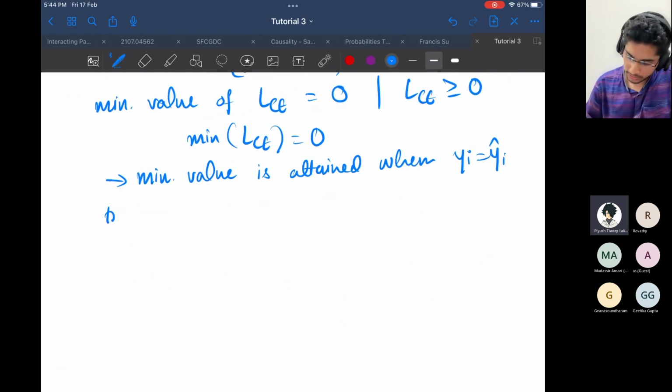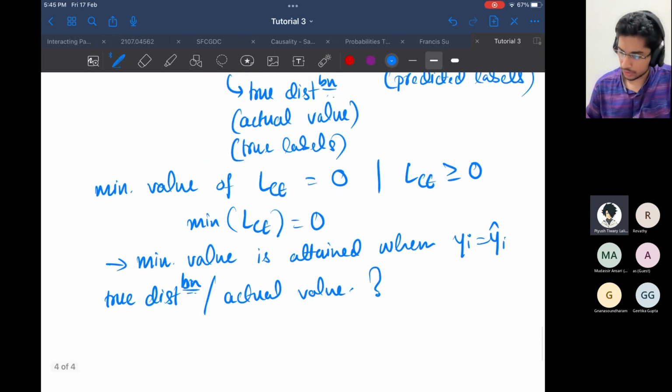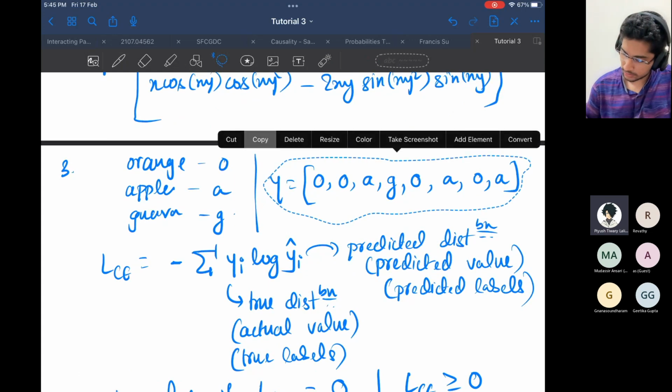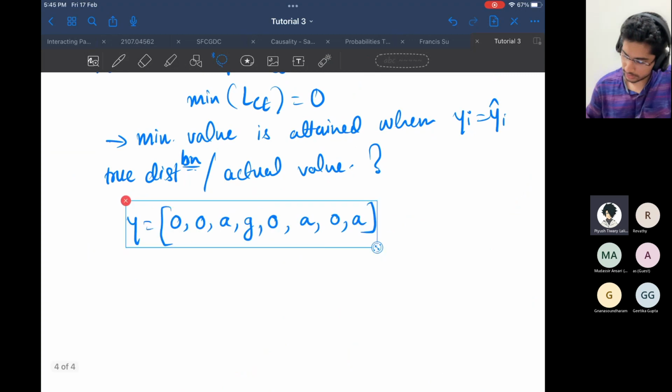What is the true distribution, or actual value? It's simple. What you have to do is nothing, so let me just copy this from here and paste it here.